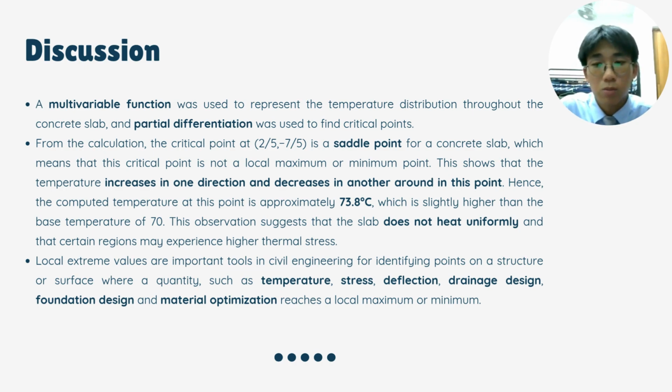For the last part, local extreme values can help determine not only the point for temperature, but also the maximum or minimum points for stress, deflection, drainage design, foundation design, and material optimization. Okay, thank you. That's all from me.